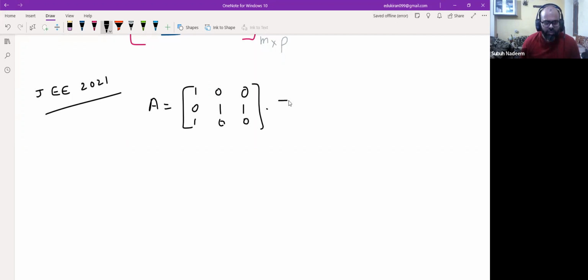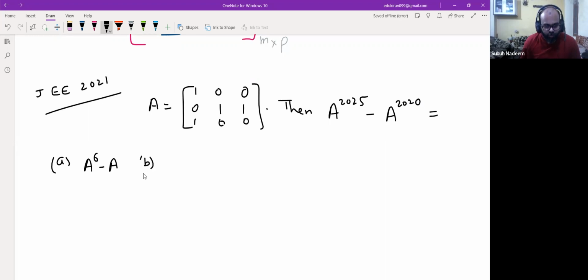It is being asked that A to the power 2025 minus A to the power 2020 is equal to which of the options: A, A to the power 6 minus A; B, A to the power 5; C, A to the power 5 minus A; D, A to the power 6.